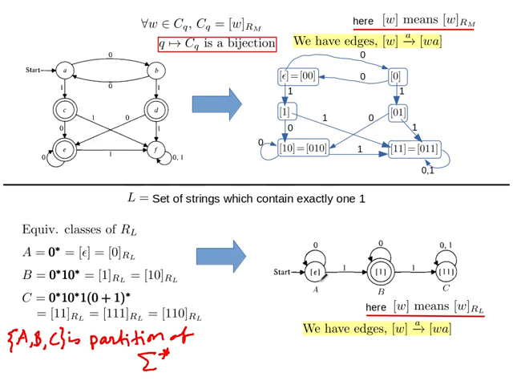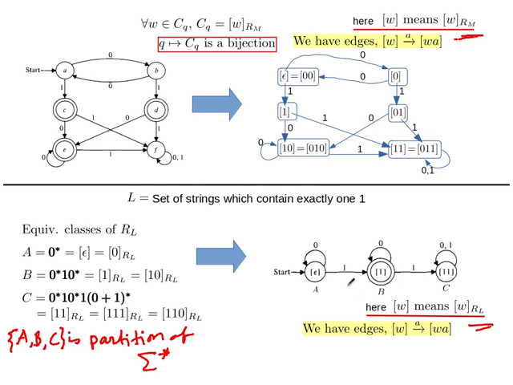So the states are A, B, C. The edges we put also following this: epsilon to 1, 1 to 1 1. Again, to make this picture clutter free, we have removed this part in this picture, and here also. But here it means the equivalence class of RL. So here it is Rm, and here it is RL. So it's the equivalence class of RL. Do not confuse between this one and this one. They are different.